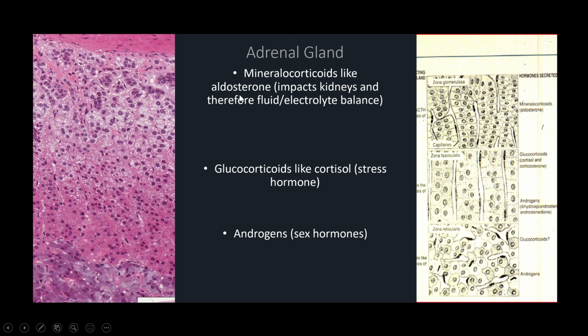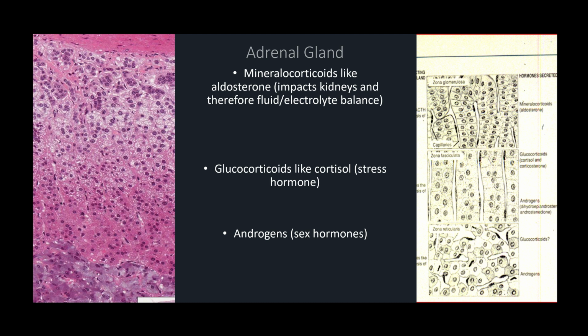And what that's going to do is make mineralocorticoids. Okay, a good example of the important mineralocorticoid in the zona glomerulosa is aldosterone. Okay, and aldosterone is a big hormone that impacts the kidneys. What we learn in vet school is aldosterone saves sodium and pees potassium.